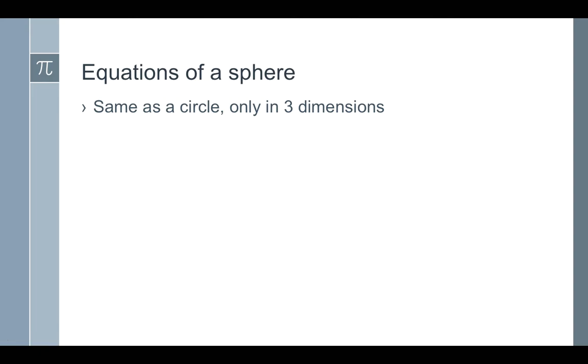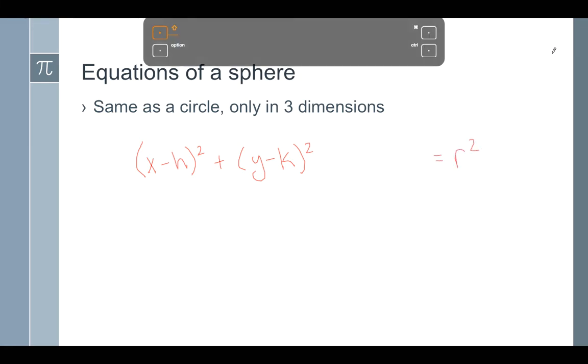Well, the equation of a sphere goes right along with what we know for a circle. A sphere is just a 3-dimensional circle, a circle that's been spun around an axis and has created a 3-dimensional object. Well, we know the equation of a sphere with center h, k. We would say x minus h squared plus y minus k squared equals the radius squared.